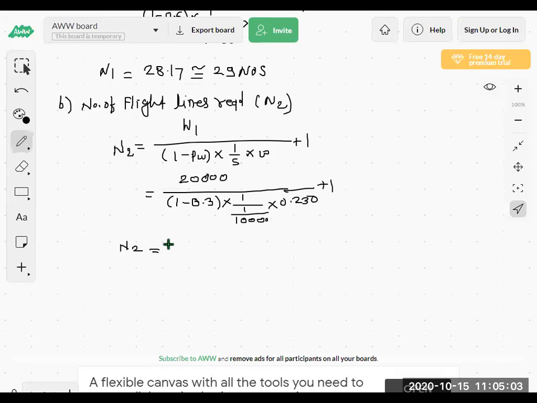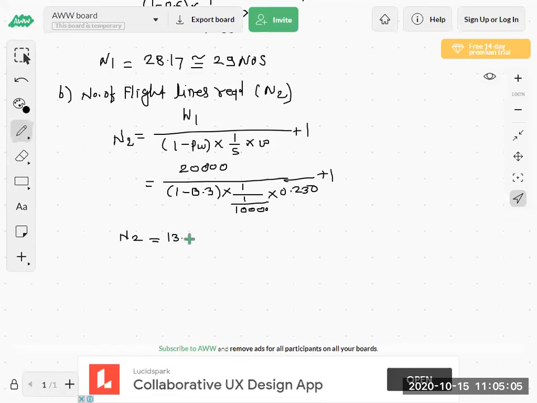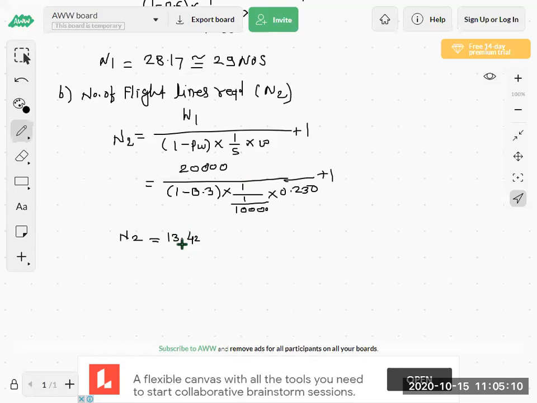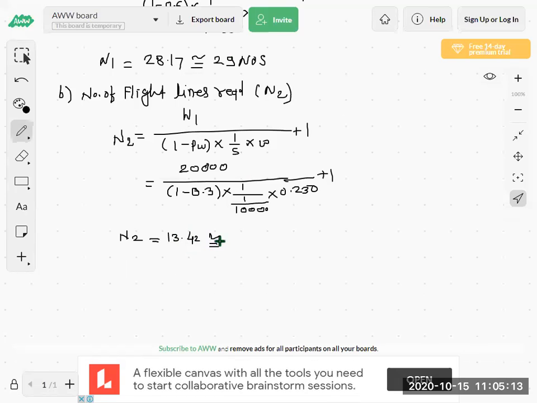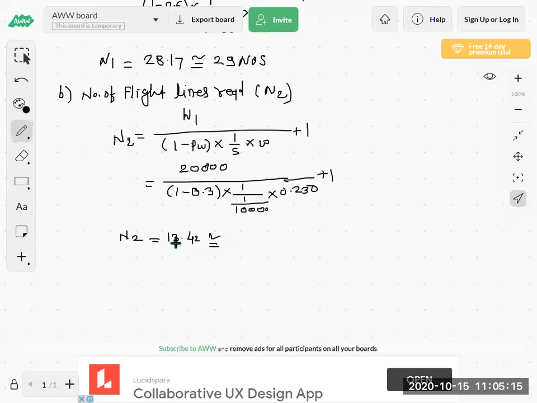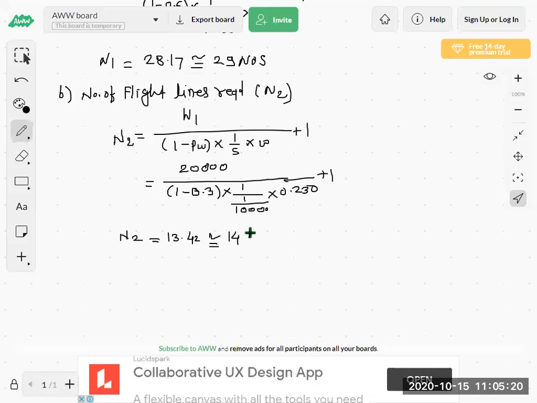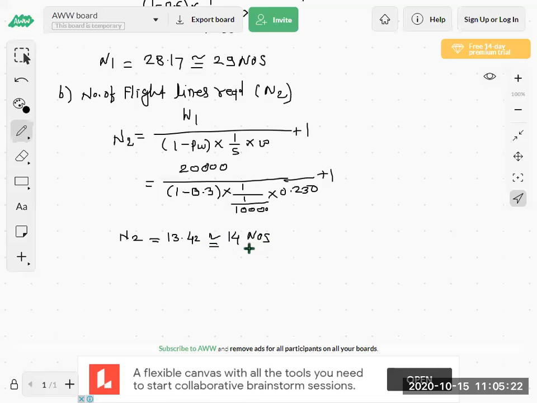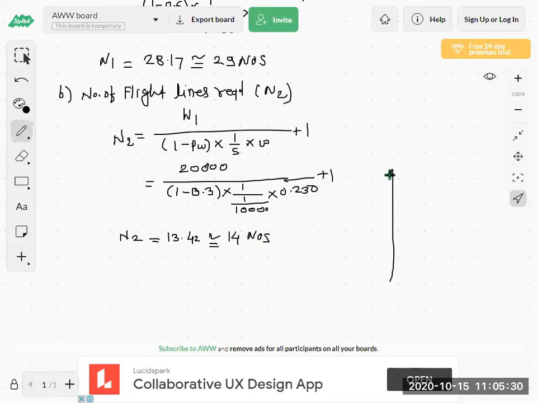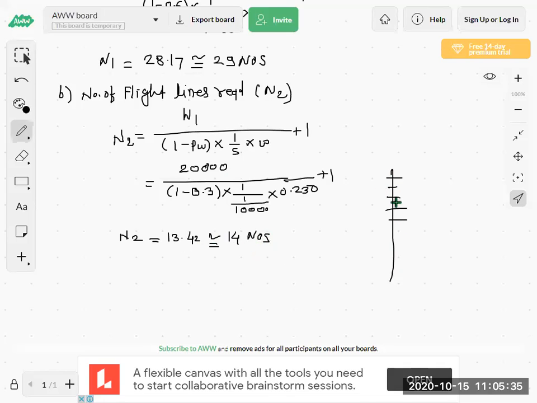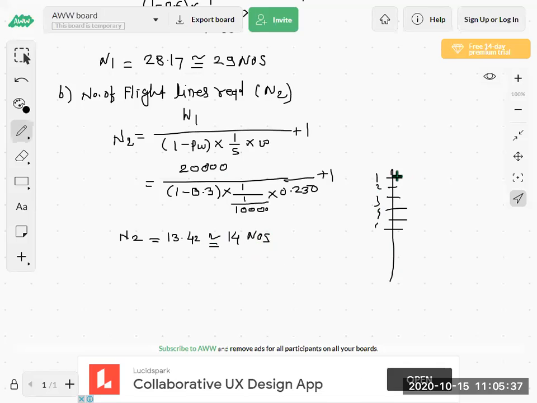So here we got 13.42. The value of N2 is 13.42. It means we have to provide one more, so we convert this 13.42 to 14. So 14 flight lines are required to cover this land, 20-kilometer length. Here we have to provide 14 flight lines like this, 1 2 3 4 5 along the length.